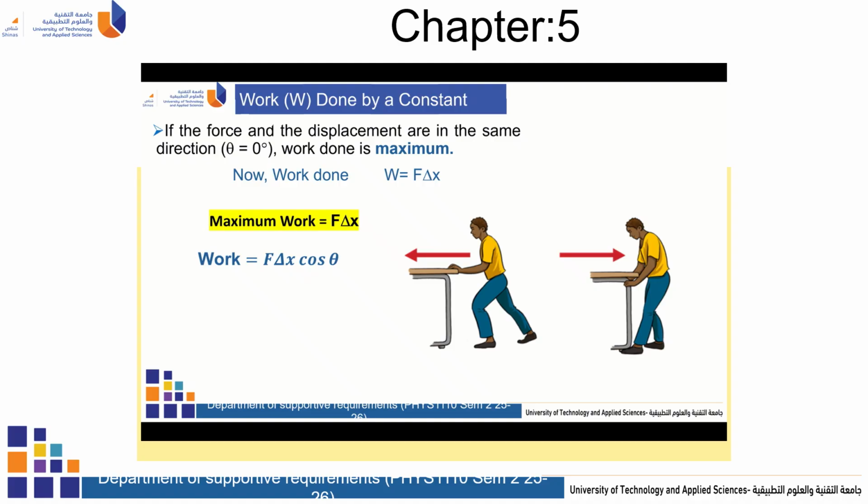So here the maximum work is shown. See, we have this formula for the work. W is equal to the force multiplied by the displacement multiplied by the cosine theta. So this is our normal formula. But sometimes the work is maximum and sometimes the work is minimum.